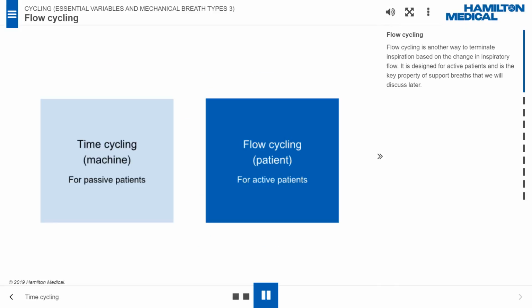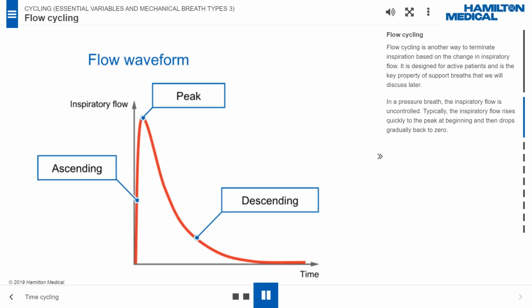Flow cycling. Flow cycling is another way to terminate inspiration based on the change in inspiratory flow. It is designed for active patients and is the key property of support breaths that we will discuss later. In a pressure breath, the inspiratory flow is uncontrolled. Typically, the inspiratory flow rises quickly to the peak at the beginning and then drops gradually back to zero.